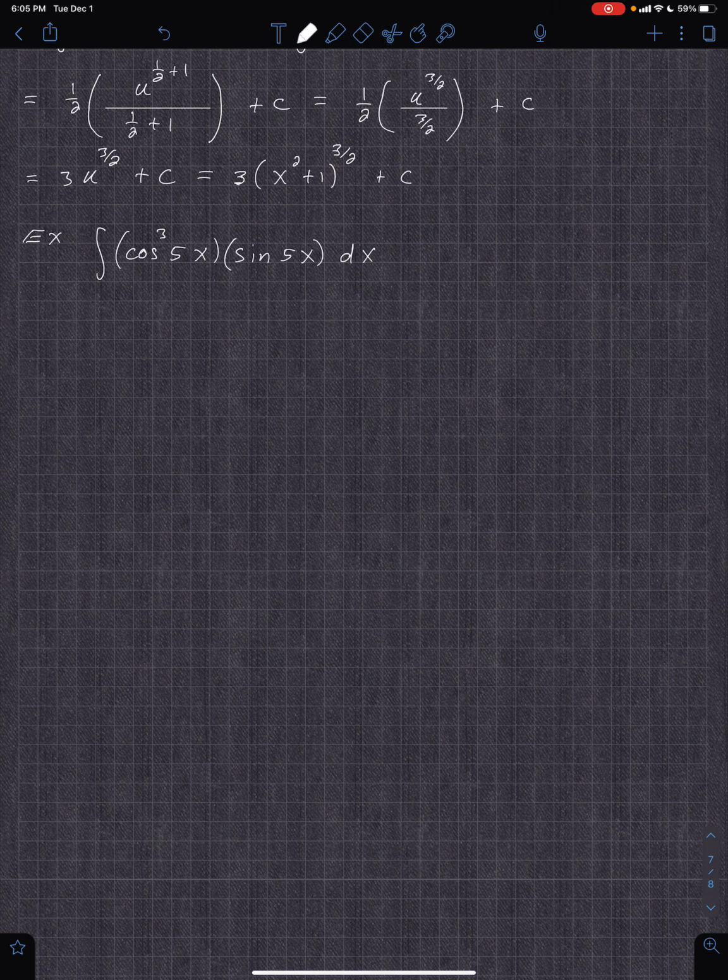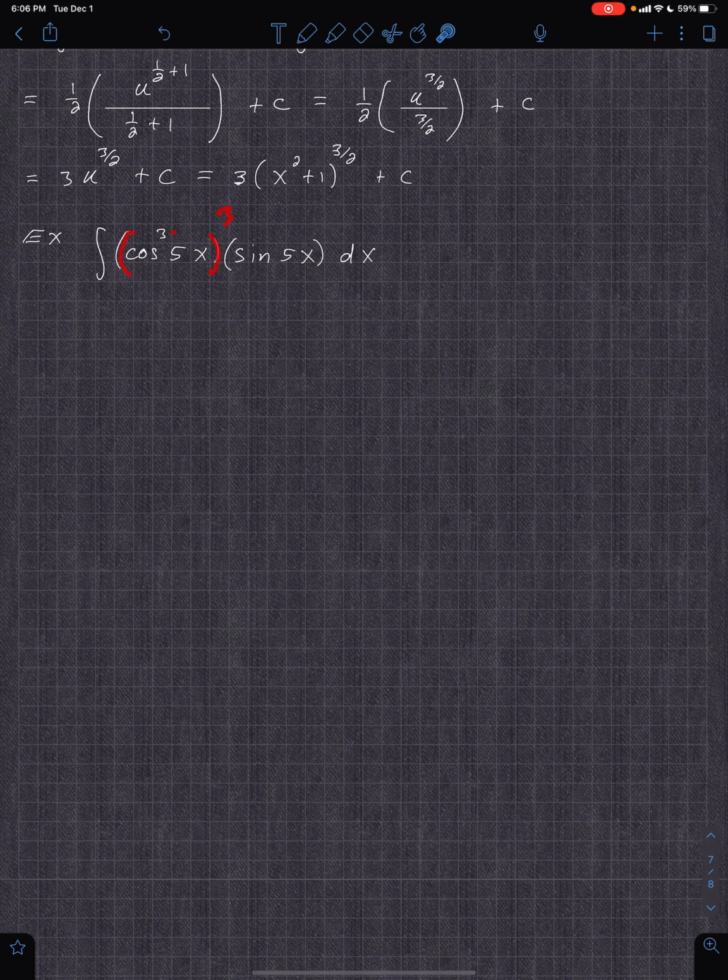All right, so again, we have to look ahead. What u are we going to choose so that when you do its derivative, you end up with something else? So you look at what's the furthest inside the function. Well, cosine cubed means this quantity, all of this thing, cubed.